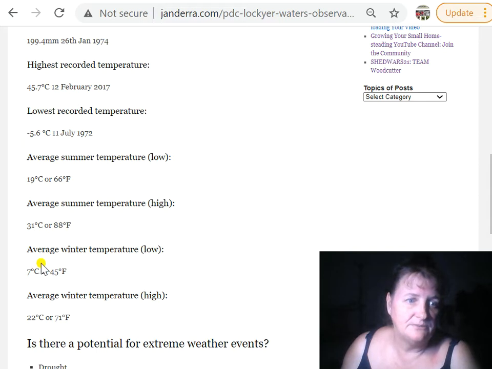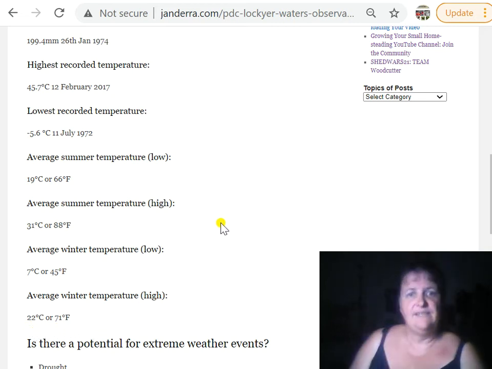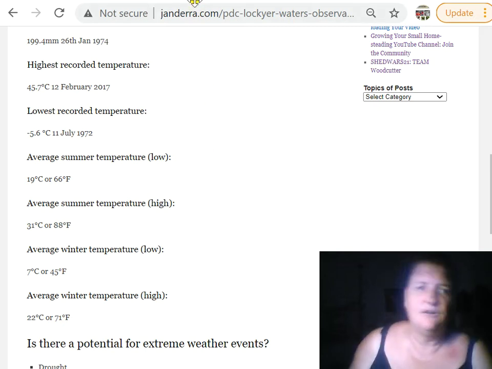The average winter temperature is 7 degrees or 45 degrees Fahrenheit. The lowest on record, as I said earlier, was minus 5.6 or 21 Fahrenheit. The average winter high is 22 degrees or 73 degrees Fahrenheit. So it is a very mild climate that we live in.